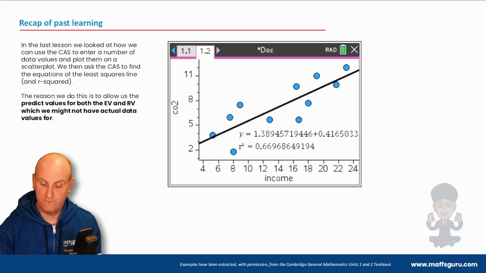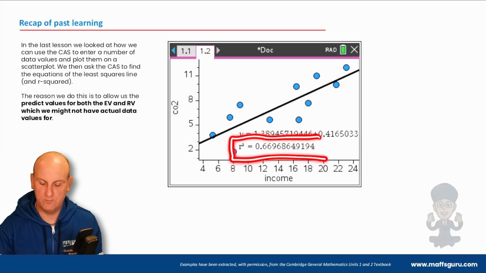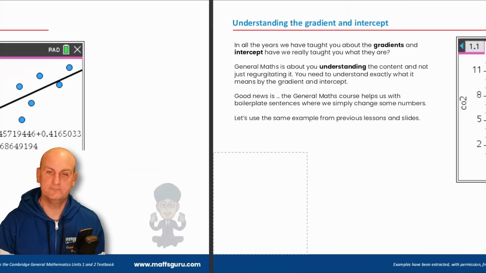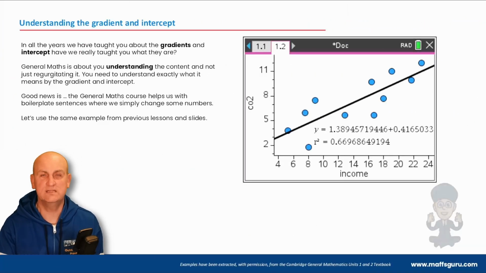So for whatever value of x, and I know it's disappeared off the edge of the screen here, but there should be an x there, if I put any value of income and multiply it by 0.4165033 and then add on 1.3894, it will give me a prediction of what my CO2 could be. And the R-squared value, well, we use that a lot next year, but the whole point of this is really important.